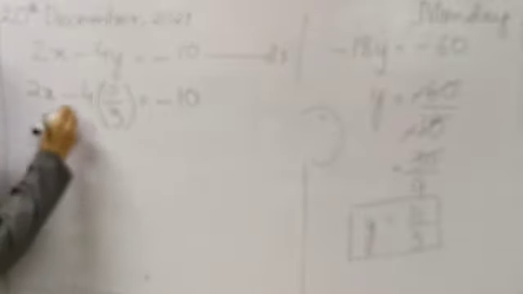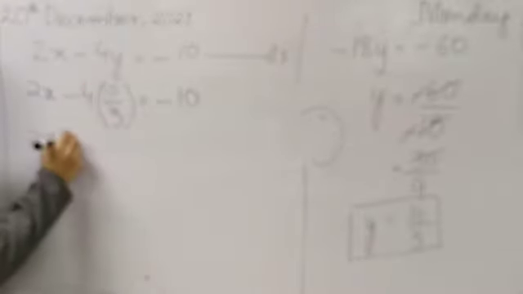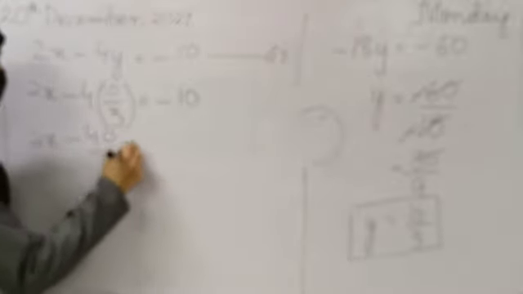Now simplify this equation. 4 times 10 is 40 and minus is minus 40 over 3 is equal to minus 10. Now 40 over 3 is a fraction having denominator 3 and we have 2x and 10 as whole numbers. So make the denominator same. To simplify this equation, to make the denominator same, what will we do?